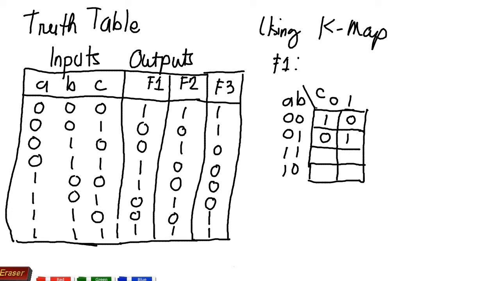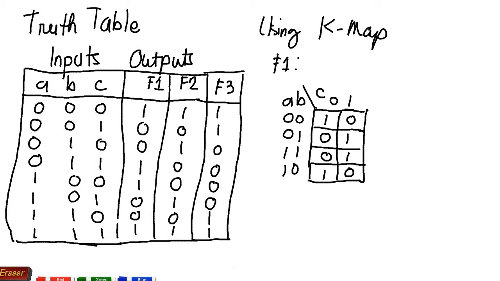Then 1 0 0 at the bottom is equivalent to 1. 1 0 1 is equivalent to 0. 1 1 0 is equivalent to 0. And 1 1 1 is equivalent to 1. That is now your K-map table.